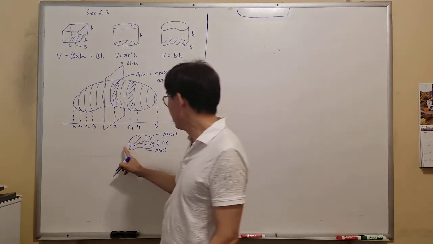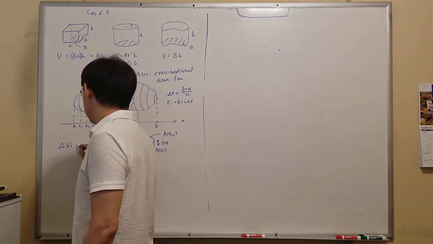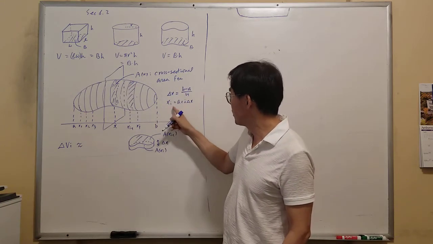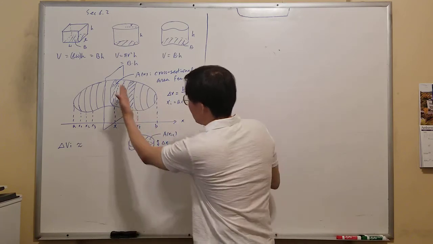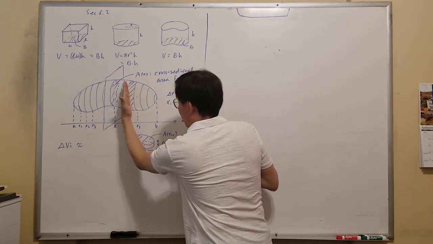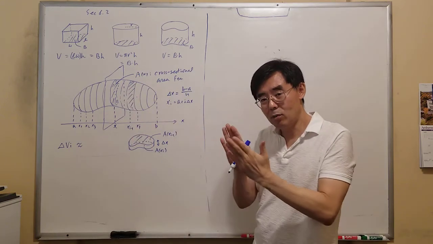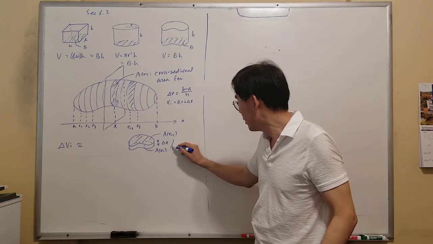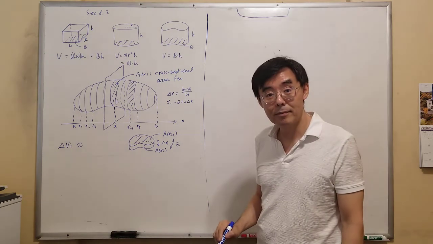Then the volume of this i-th piece, when delta x is very small or n is very large, the cross-sectional area at x sub i minus 1 and the cross-sectional area at x sub i will be almost the same. All right?